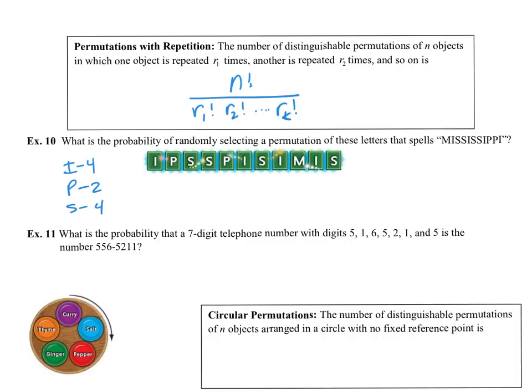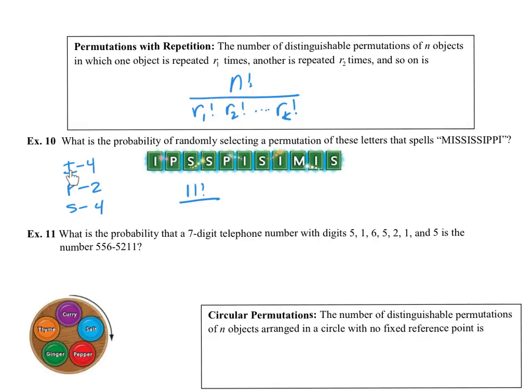All right, so following this formula, n, remember, is our number of letters. If you count, there are 11 letters here. So to find the number of permutations, we're going to take 11 factorial and divide it by, now, I occurs 4 times.